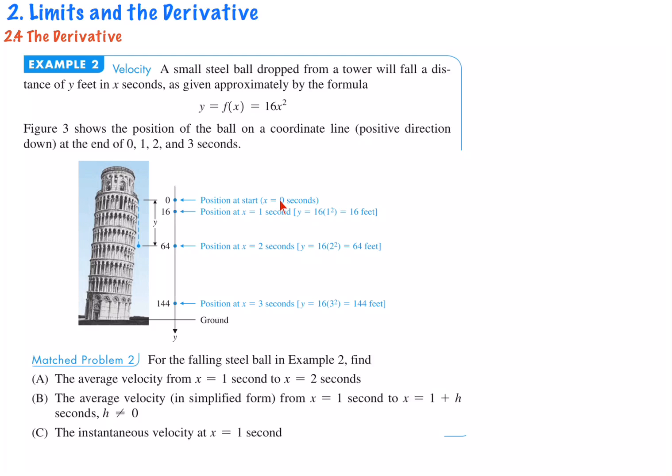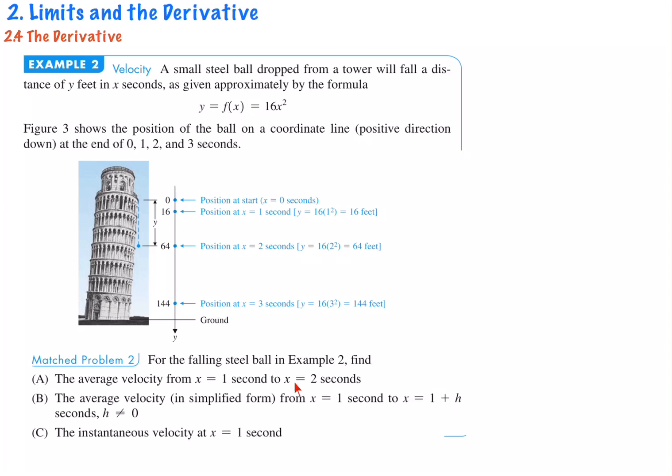At 0 you have the starting position, which is 0 seconds, so the distance is 0. At x equals 1 second you have 16 feet, at 2 seconds you have 64 feet, and at 3 seconds you have 144 feet.